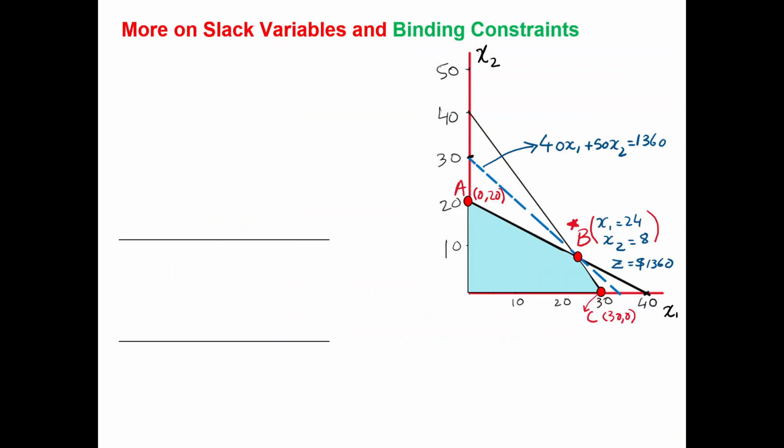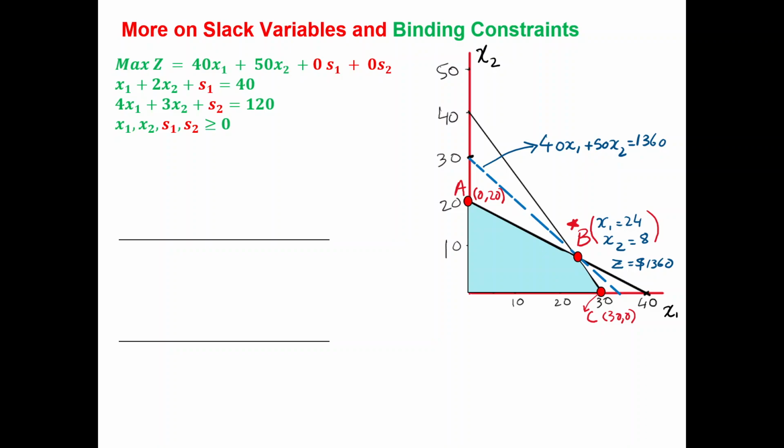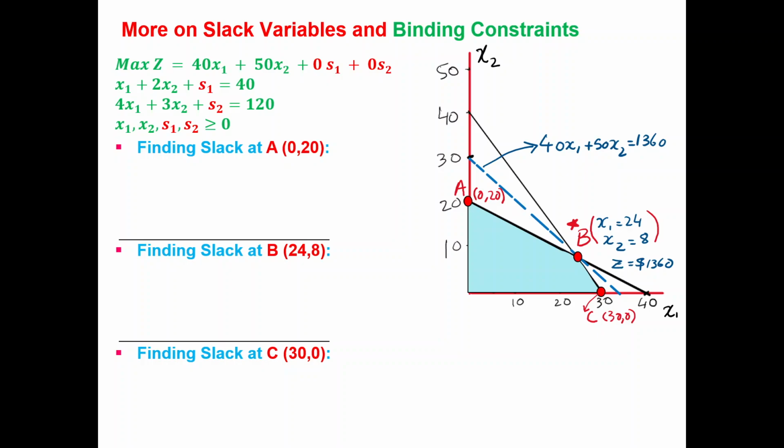Now, once we understand the concept of slack variables, let's find the slack variables at the different points. In our problem that we discussed in lecture number 1 and lecture number 2, we have 3 points A, B, C. Although we are more concerned about point B, for the sake of demonstrating how the slack variables are calculated, I will calculate slack at point A, point B, and point C. First, the slack at point A, whose coordinates are 0, 20.